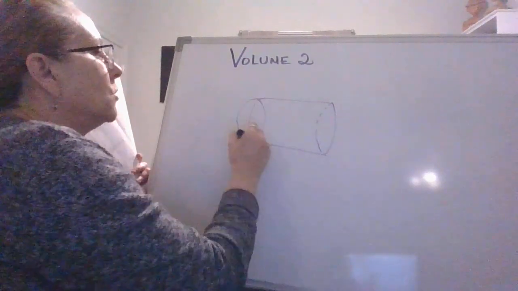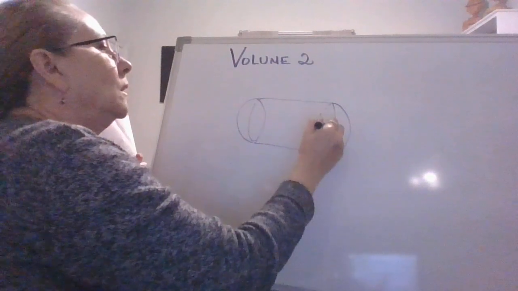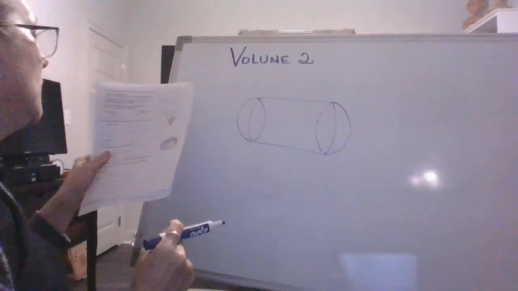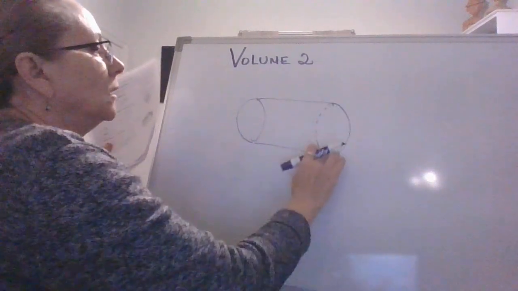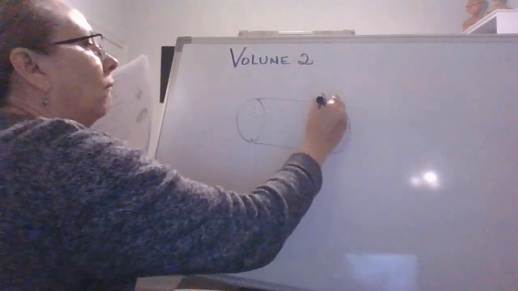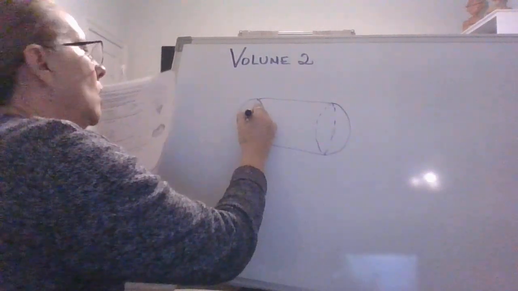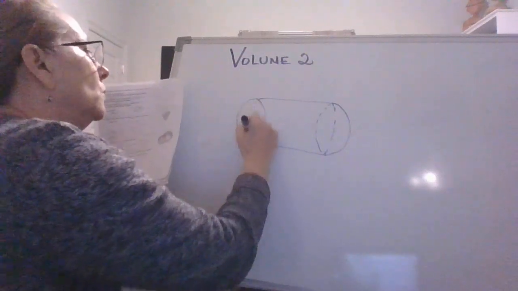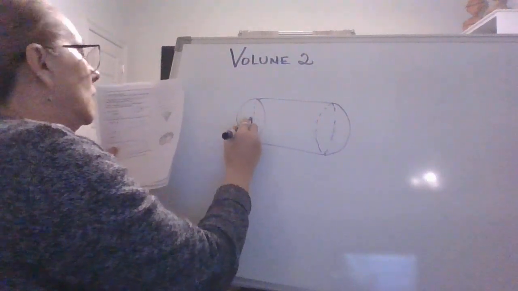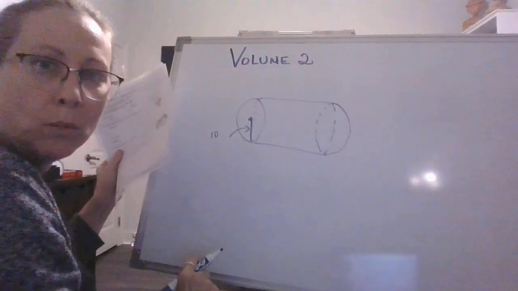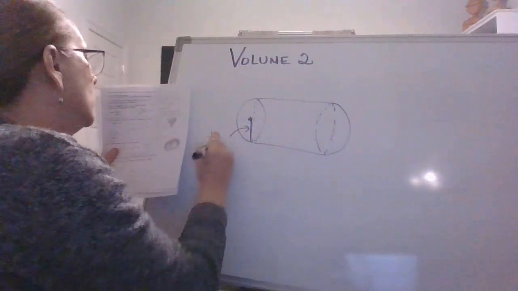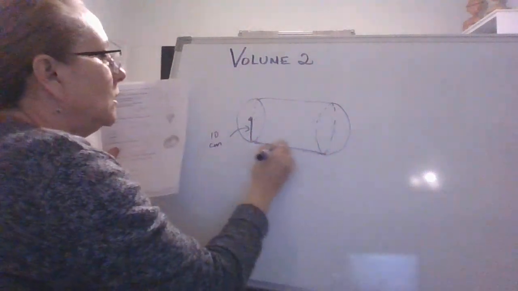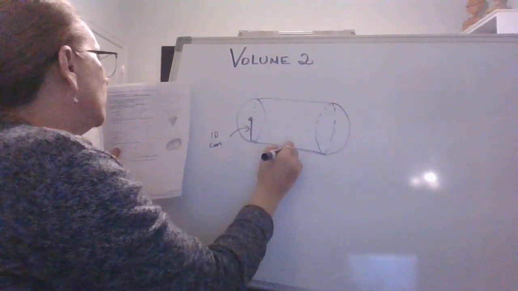And then we got our circle on the ends. Now, we have a radius given of the circular part, which is 10 centimeters, and we have the length here of 12.5.